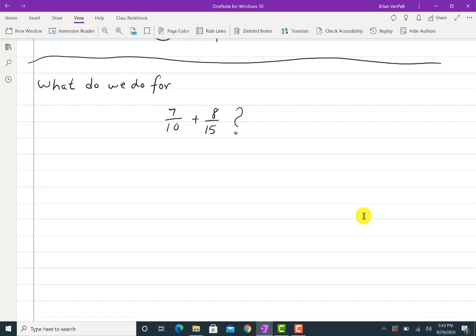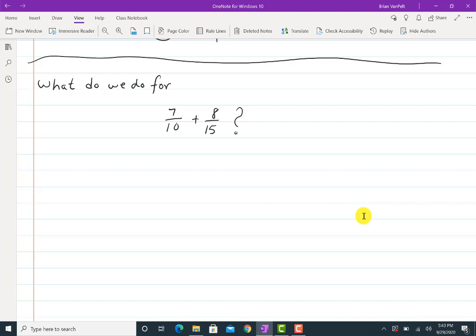Well, before I answer that question, I'll do a little bit of work trying to show you how to get the denominators to be the same. The rules that we have right now will not allow me to add these two fractions together just yet. So I need to take a little detour for a moment and explain some things first, and then we can come back to this type of problem.